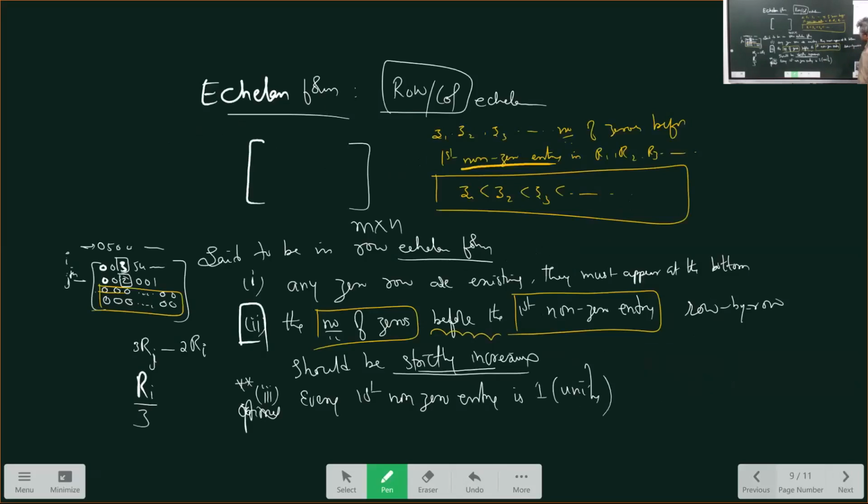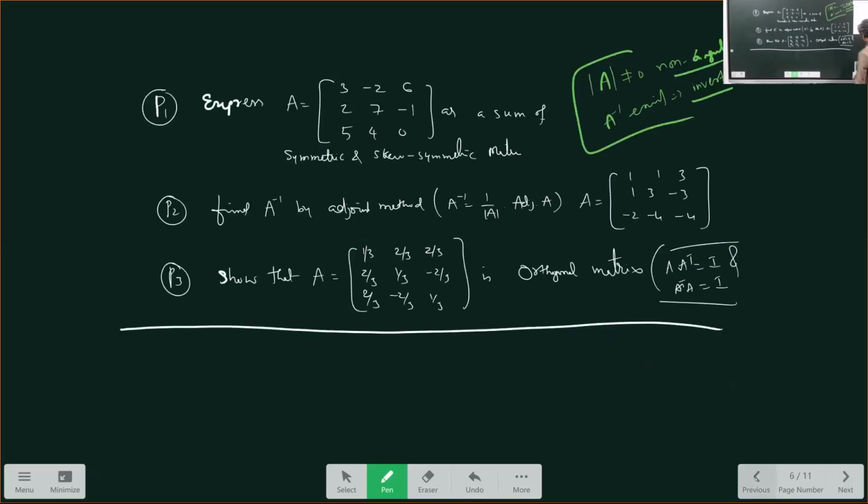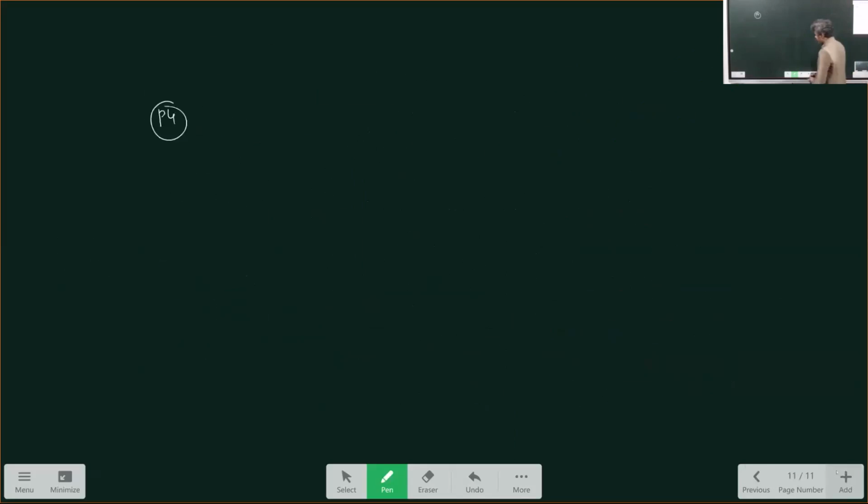So for that you can write the practice problem 4. I think P3 is completed, right? Let me check it, otherwise numbering will be missing. Yes, P1, P2, P3. Now this is my P4. Find the rank of the matrix A: 1 2 3 0, 1 2 3 0, 2 4 3 2, 3 2 1 3, 6 8 7 5.